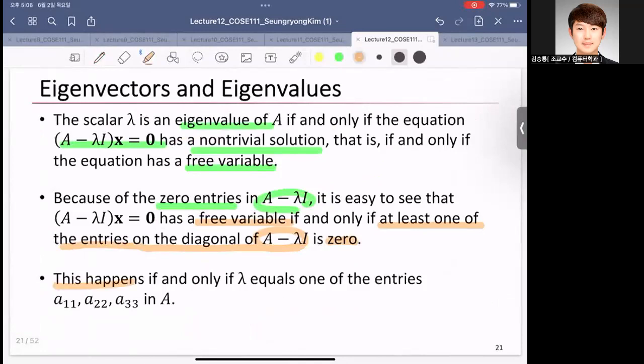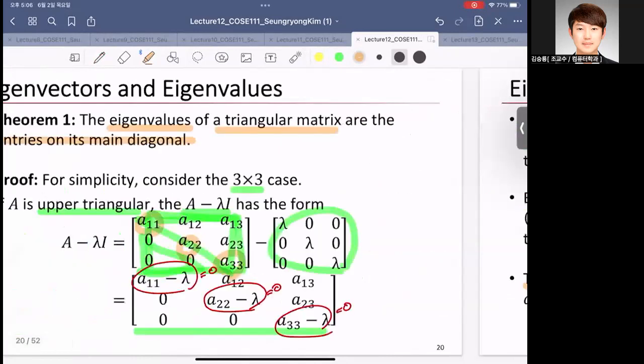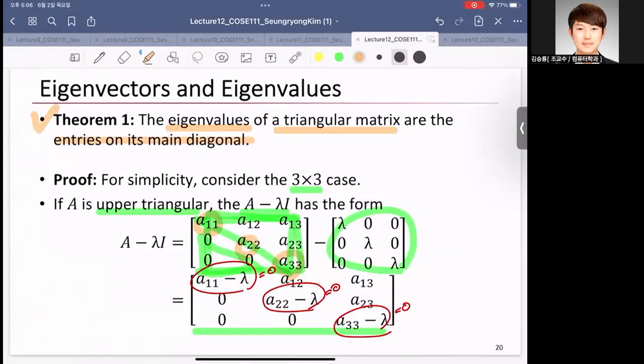This happens if and only if lambda equals one of the entries a11, a22, a33 in matrix A. This is just the proof. So this is Theorem 1: the eigenvalues of a triangular matrix are the entries on its main diagonal.